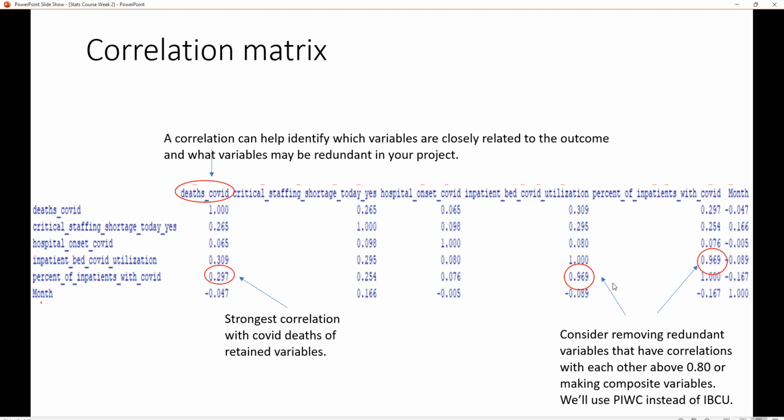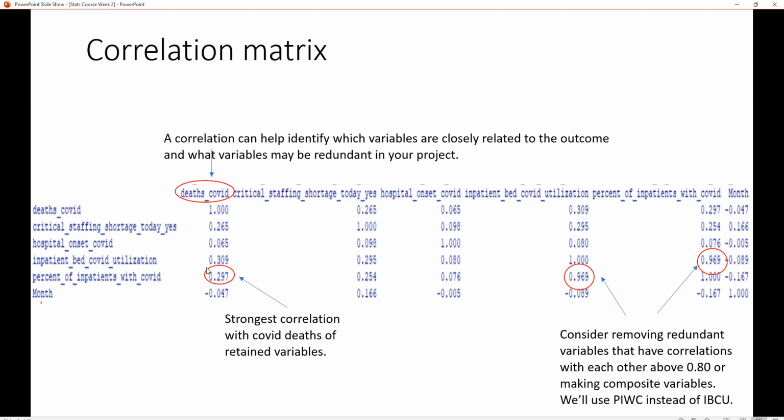Because we know this is highly correlated, it may just be better and at least easier to ignore one of these two variables. I've just used percent of inpatients with COVID.